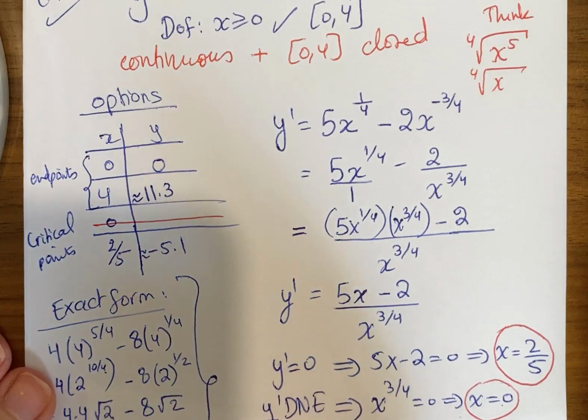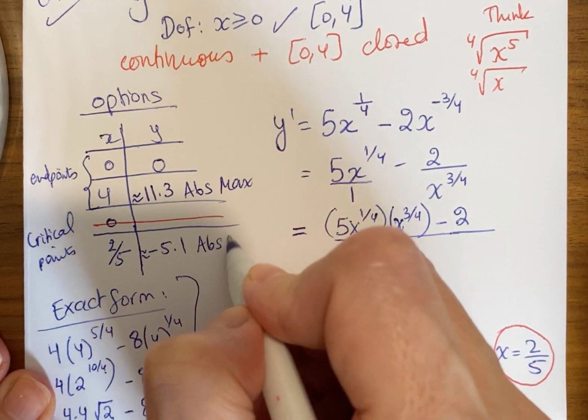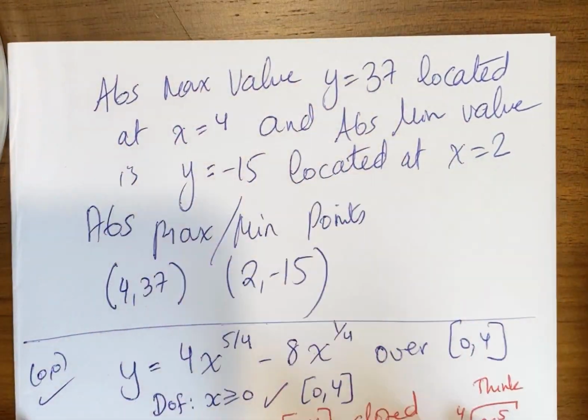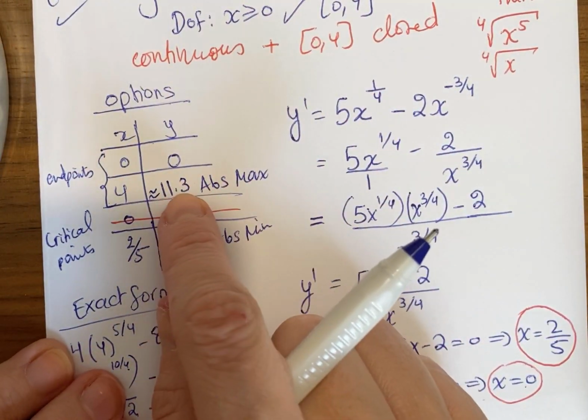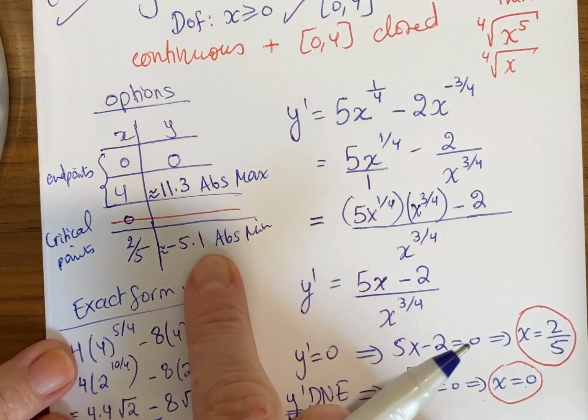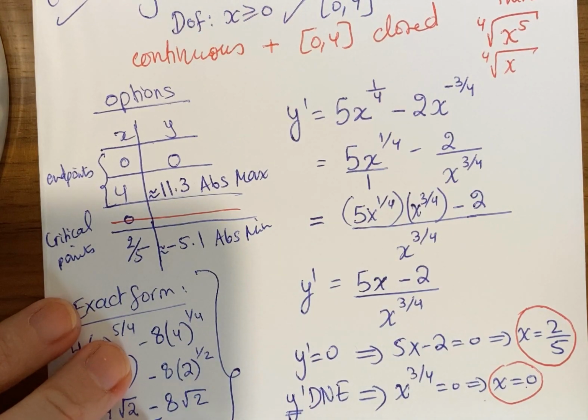So what do we notice? We notice here we have an absolute max. Here we have an absolute min. So you can make this conclusion. Absolute maximum value of 11.3 at x equals 4. Absolute minimum value of minus 5.1 at x equals 2/5.